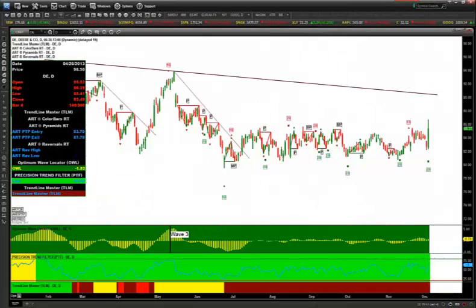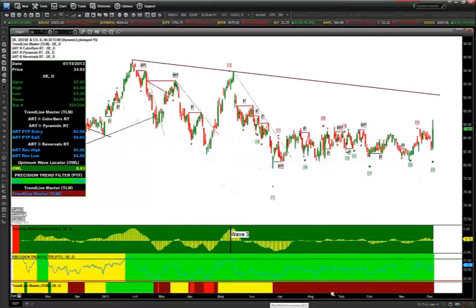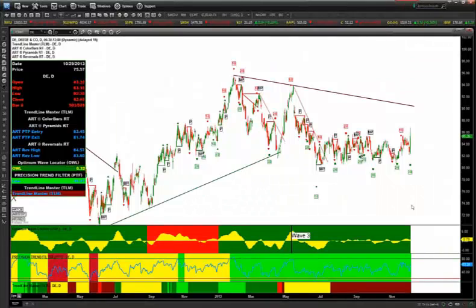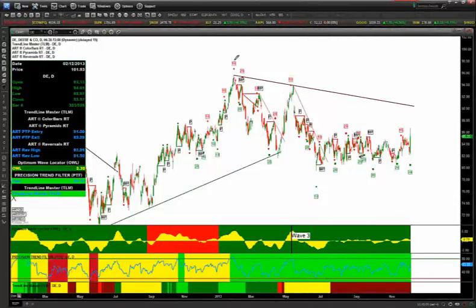Anybody else? DE on a daily. So here's DE on a daily. This is an interesting chart, and what's interesting about it is that it looked as though, let me get my pen, that this originally would have been this, this, and going to 5.